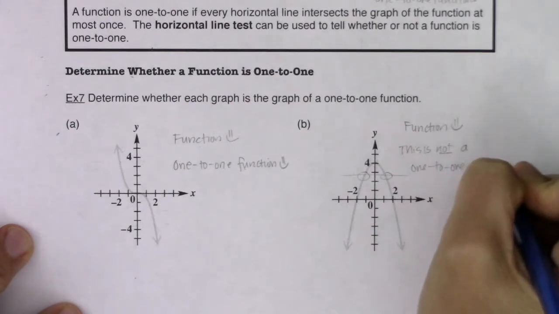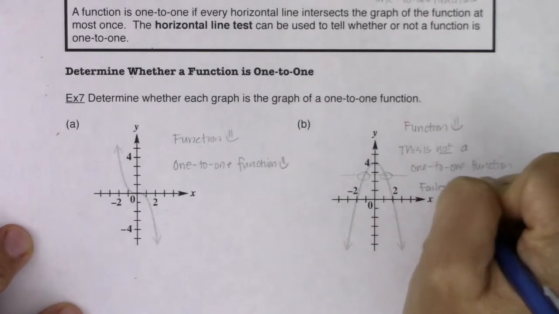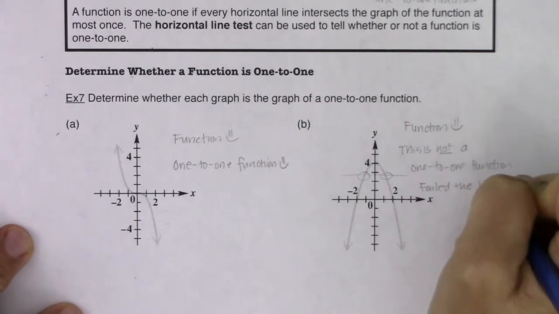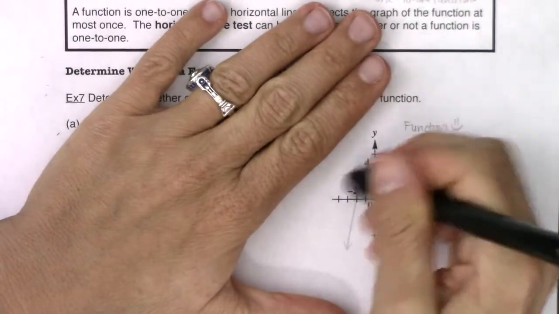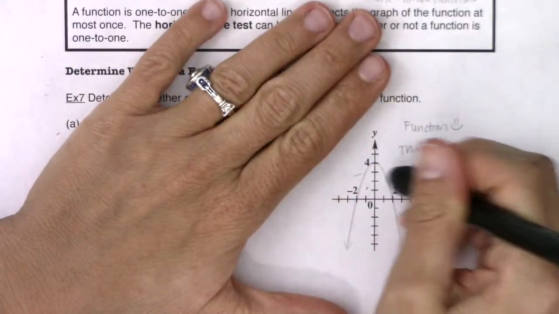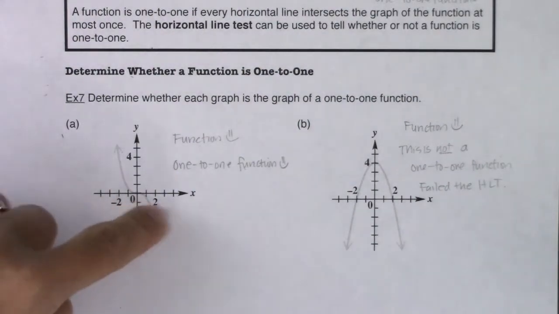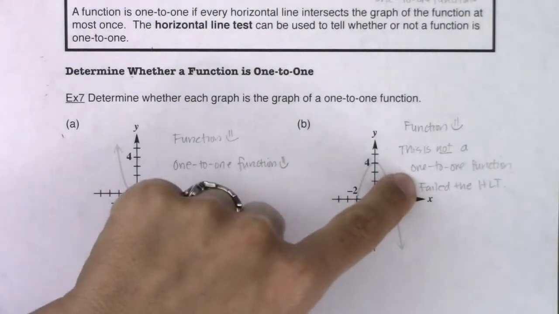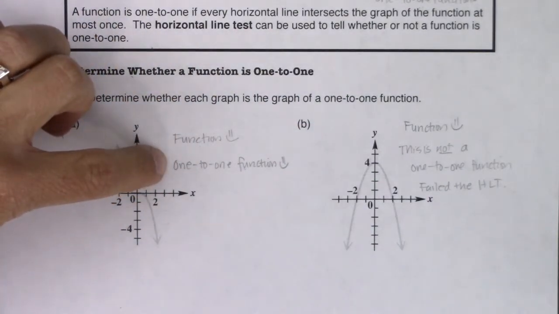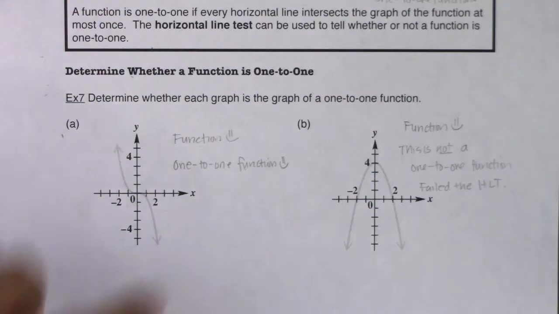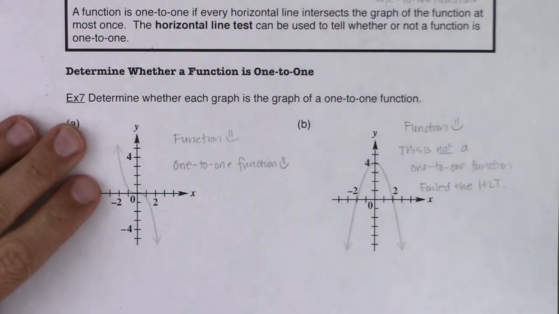This function failed the HLT, the horizontal line test. Let me erase my horizontal line here just so it's not in the way. What that means is this function has a few more properties than this function. It's trickier to become a one-to-one function than it is just to be a regular old function. So again, all one-to-one functions, oops, let me scooch down. I took you out of view.